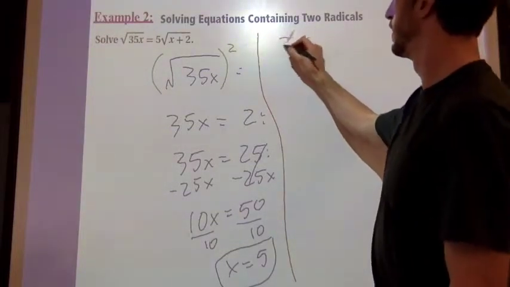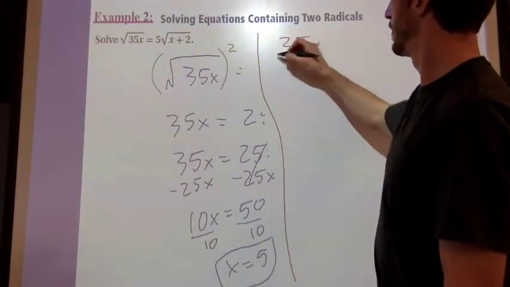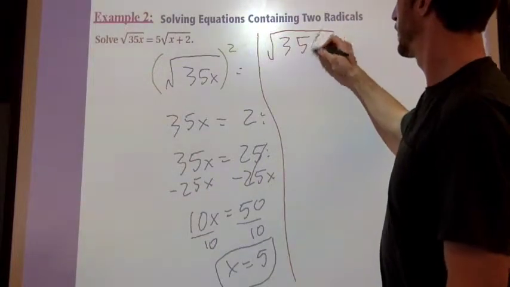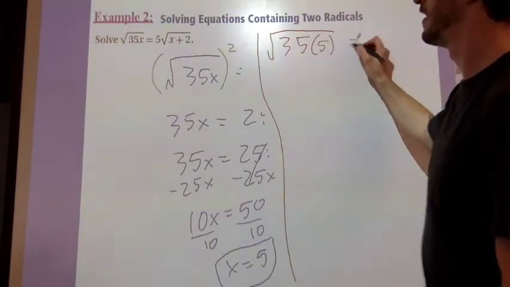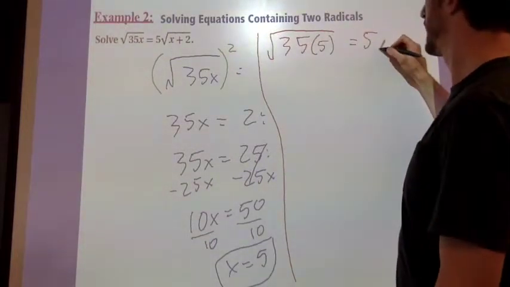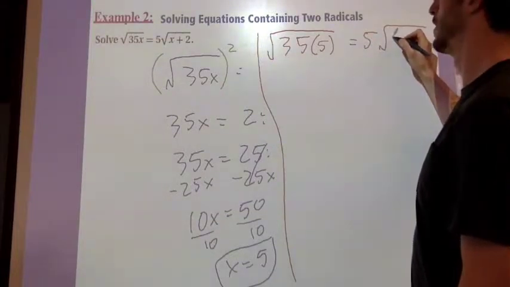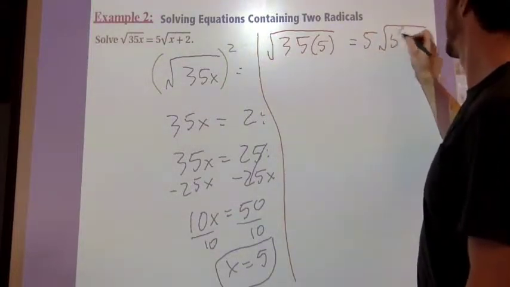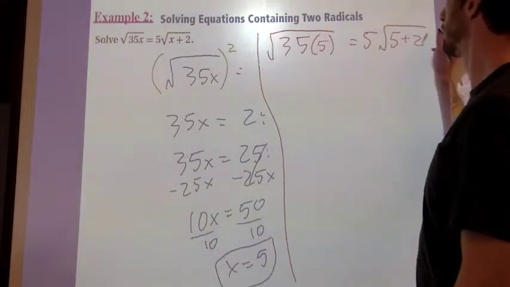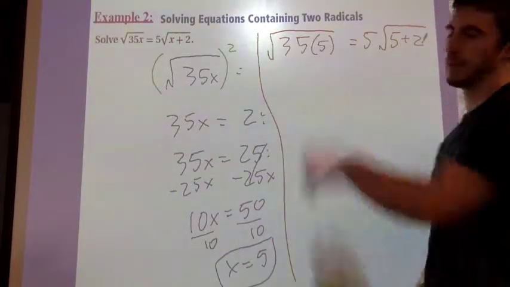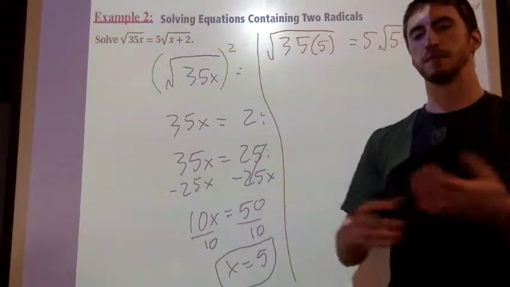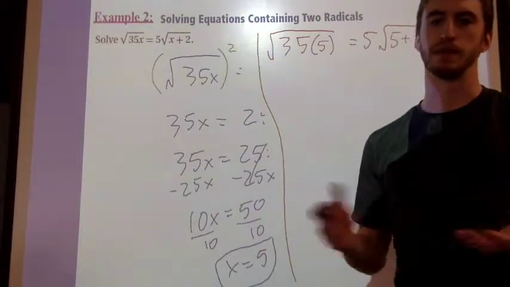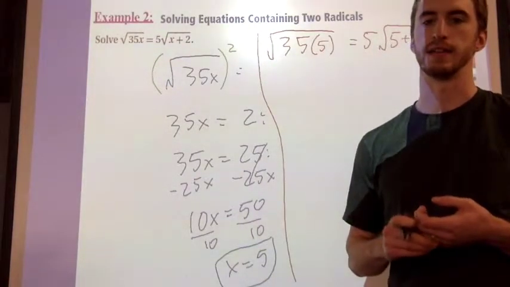Okay, so we've got the square root of 35 times 5 equals 5 times the square root of 5 plus 2. Okay, 35 times 5 is going to be this big number that I don't really want to deal with because it probably won't square nicely anyway.